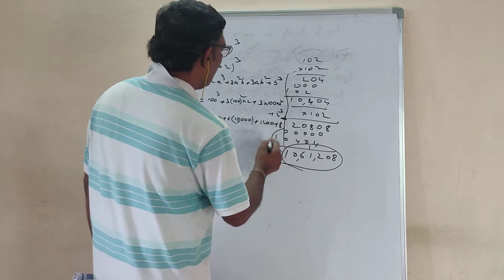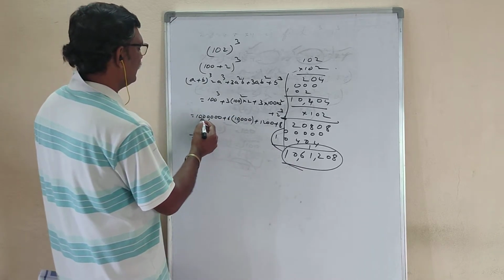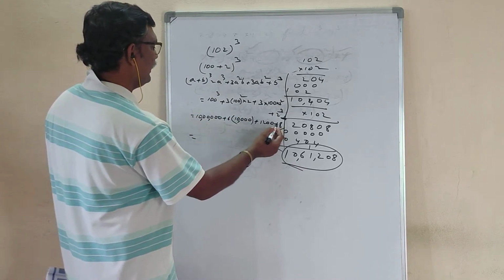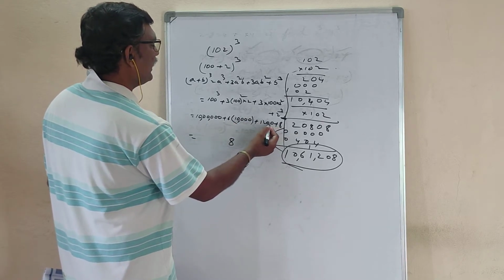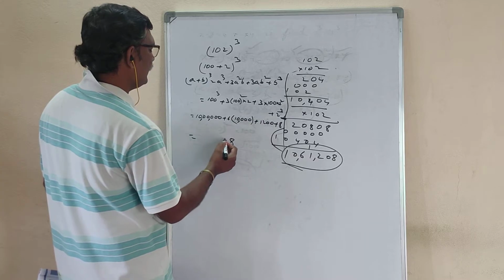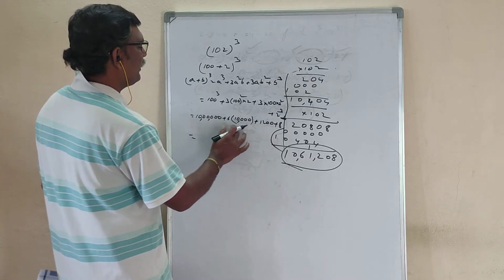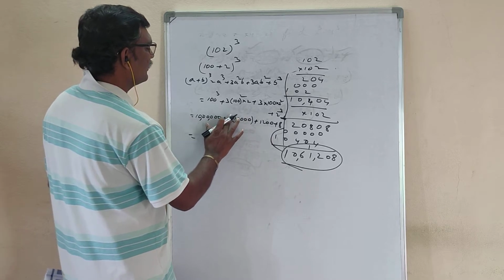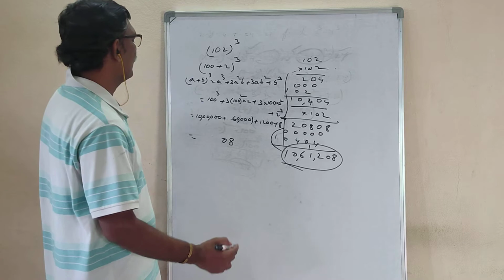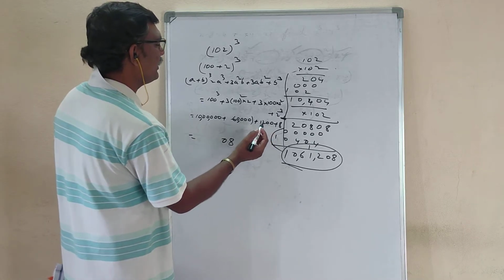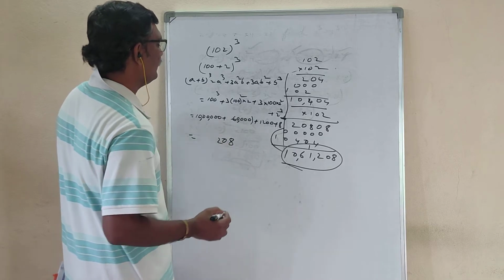Now we have to add all these things. In units place you have 8. In tens place you have 0, all zeros only. In hundreds place you have 2.